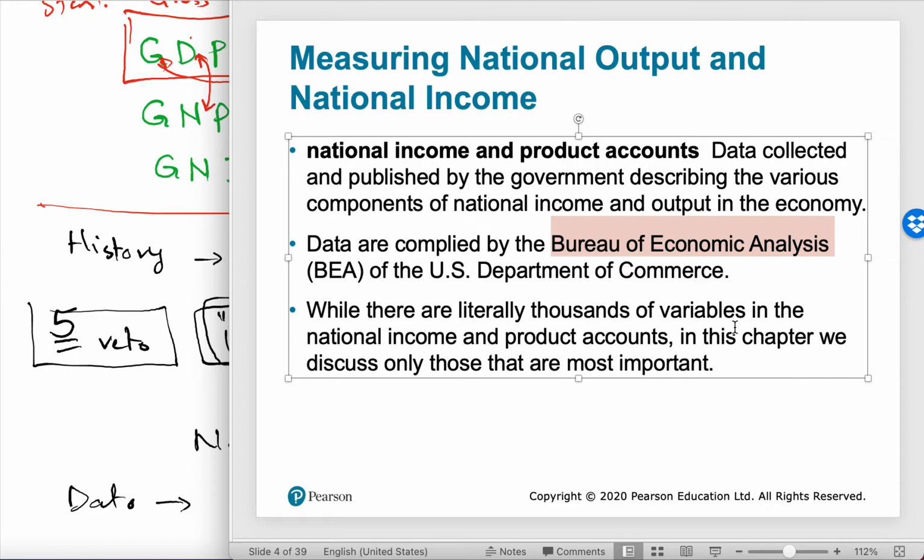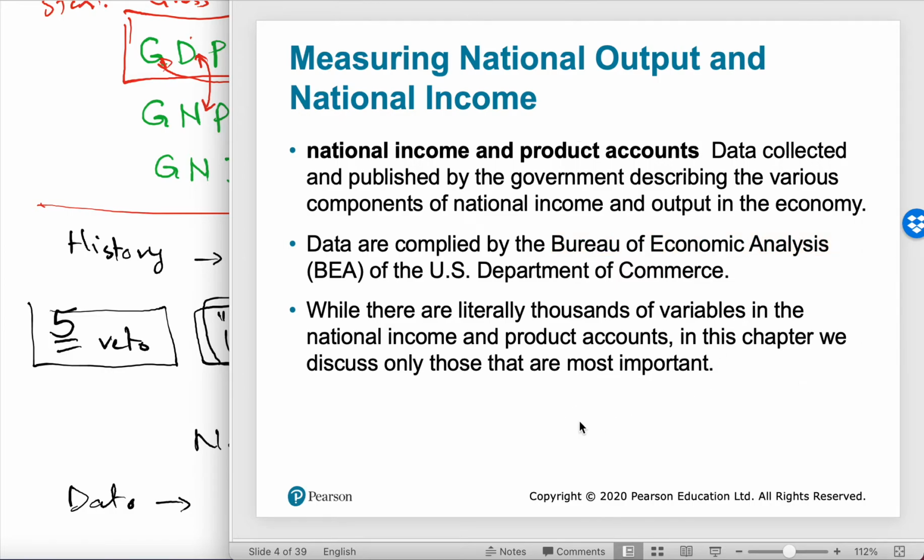But we are reducing it to the most important one in this chapter with a view to basically simplify it and make it understandable for freshman students in economics.